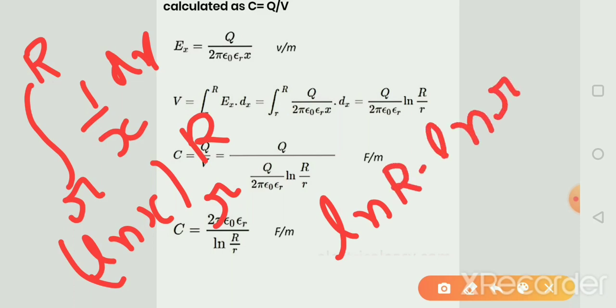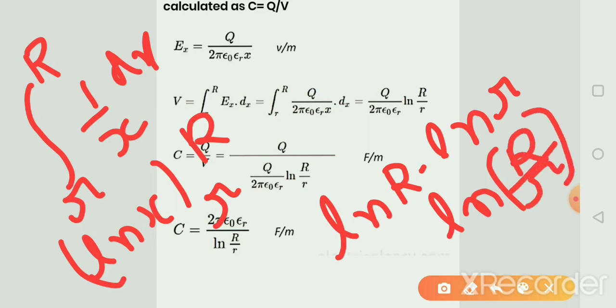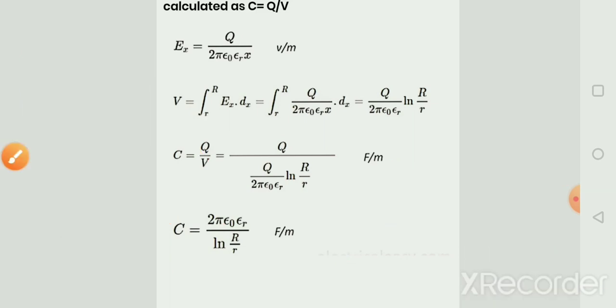So we can write it as ln of capital R upon small r. By this we calculate the value of the integral as ln of capital R upon small r.